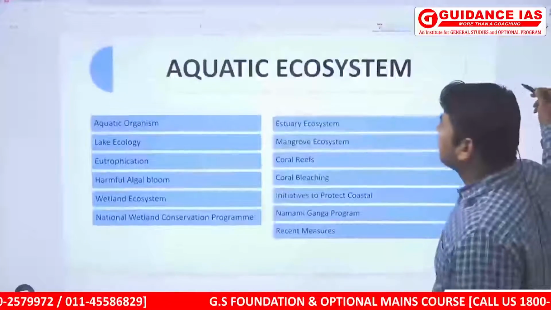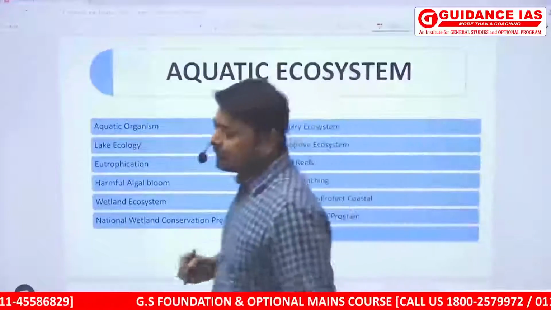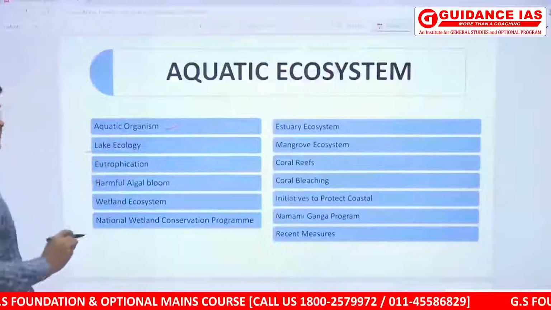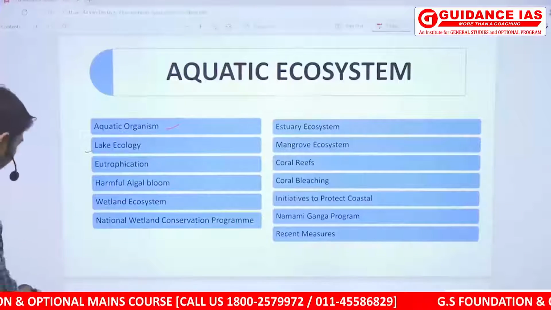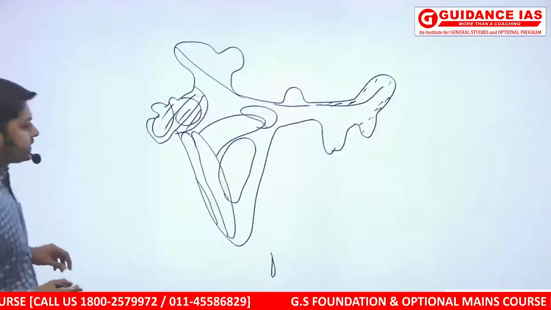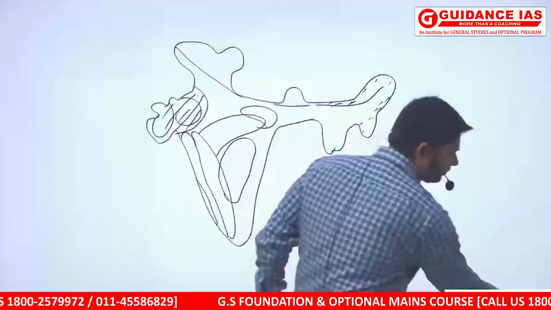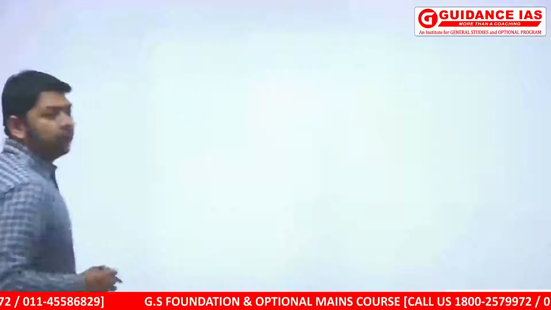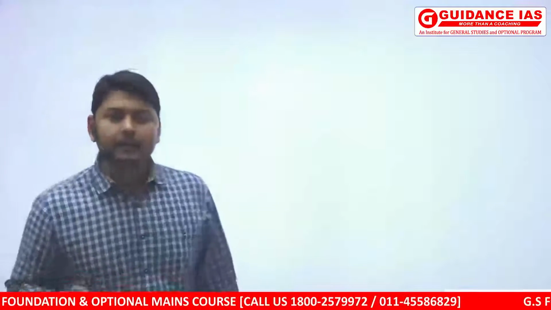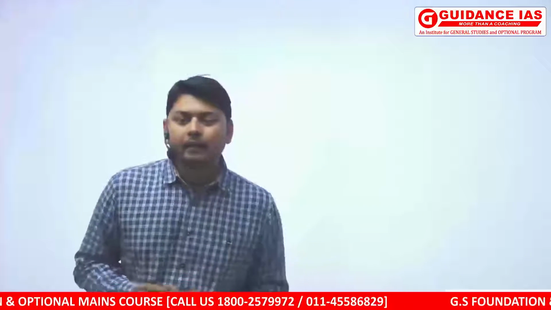Now, basically, what an aquatic system is, it contains organisms, it contains lakes. What basically happens in an aquatic ecosystem? We have some organisms like algae, cyanobacteria, and other organisms.